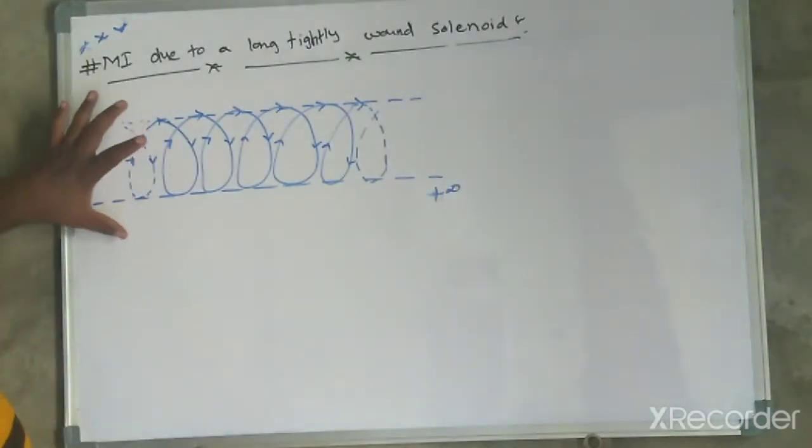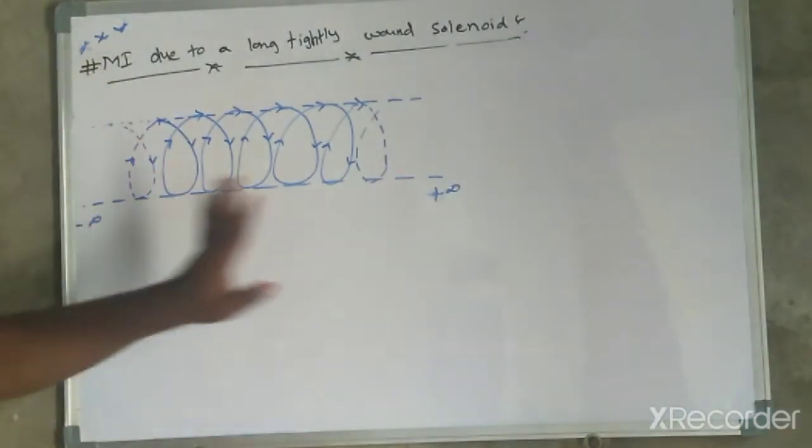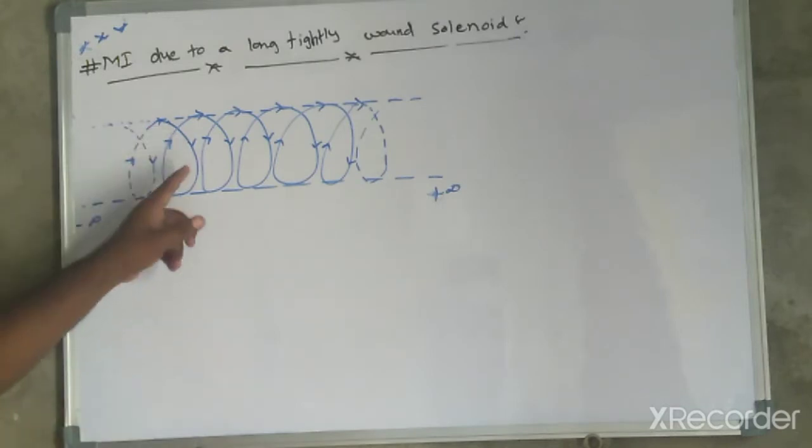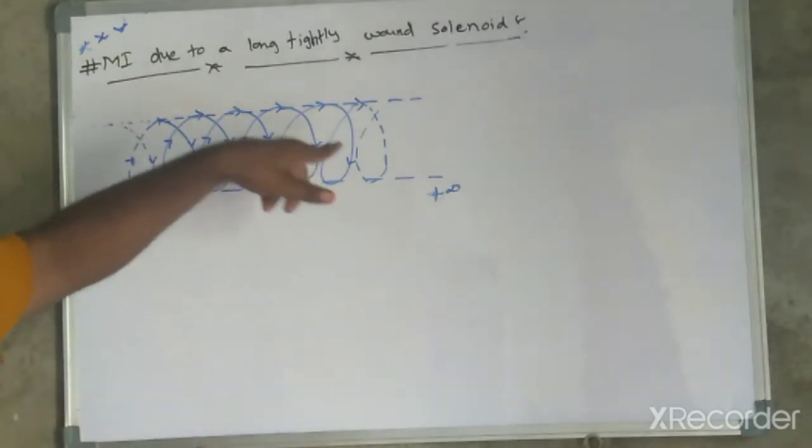This is negative infinity, this is positive infinity. Here the current direction is clockwise, this is wound.